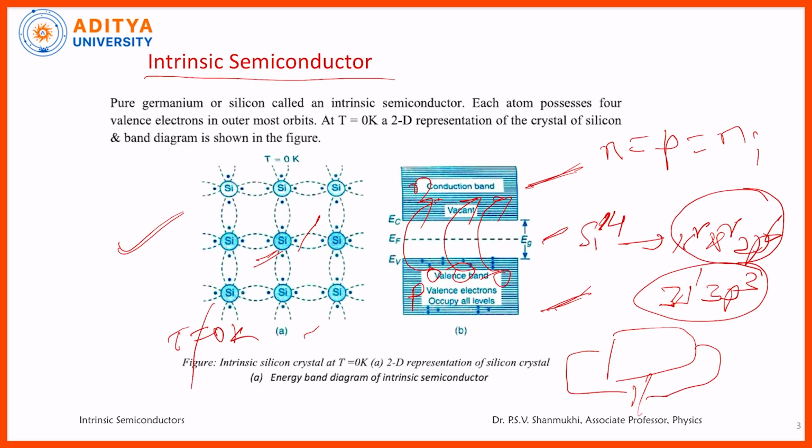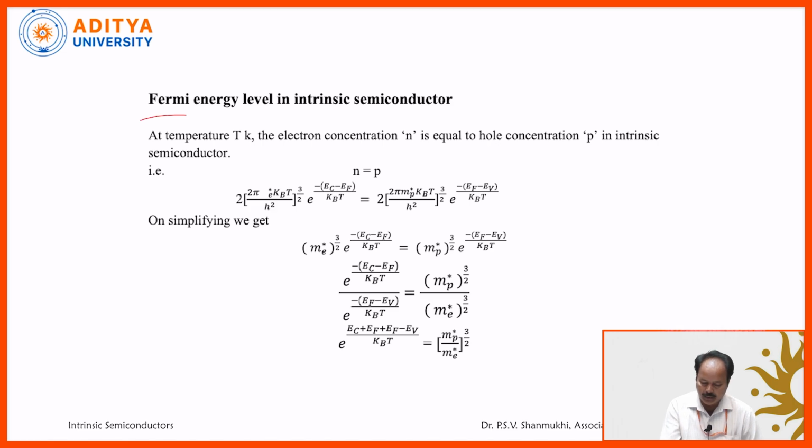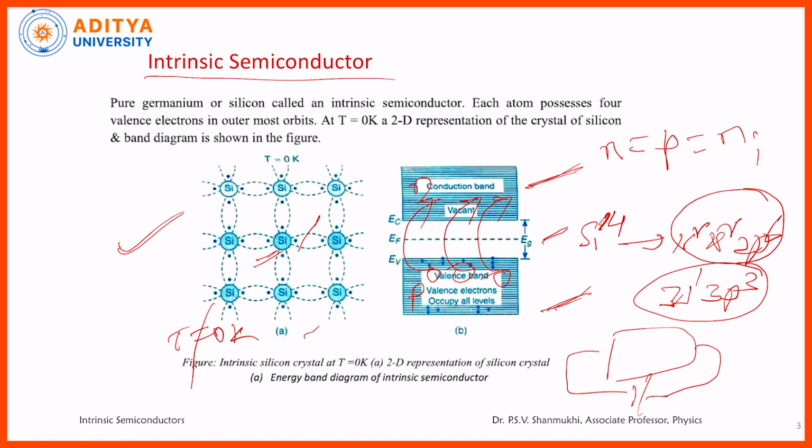Now I am going to derive the expression for the Fermi energy level, where the Fermi level lies. If you observe this diagram, the Fermi level is lying exactly at the center of the forbidden energy gap. How do we derive this? Already I said n equals p equals ni. The number of electrons is equal to the number of holes at T not equal to 0 K, or T greater than 0 degree Kelvin, at any temperature.